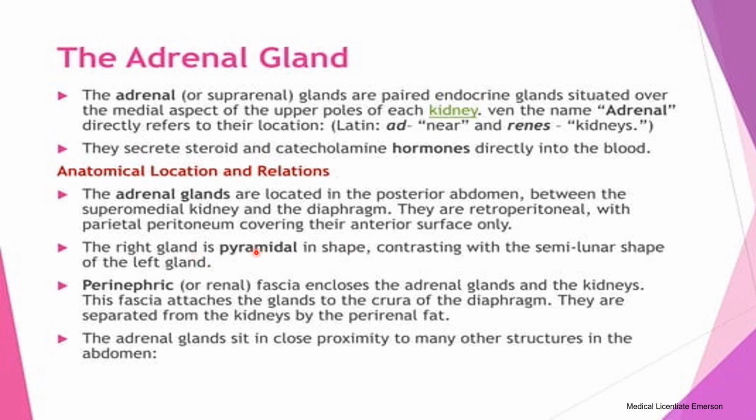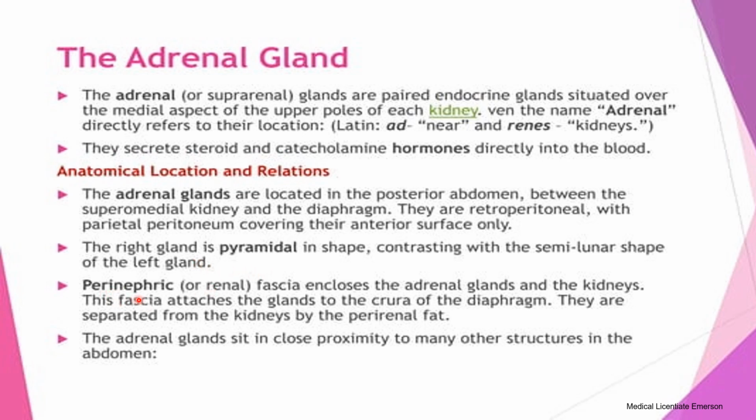Of course, the difference in shape is due to the liver. On the right is where the liver is, and it is going to compress the right one, which will take up the shape of a pyramid, whilst the left one will be semilunar in shape.